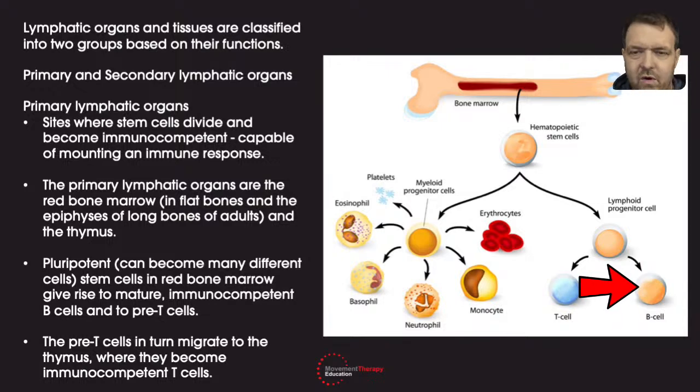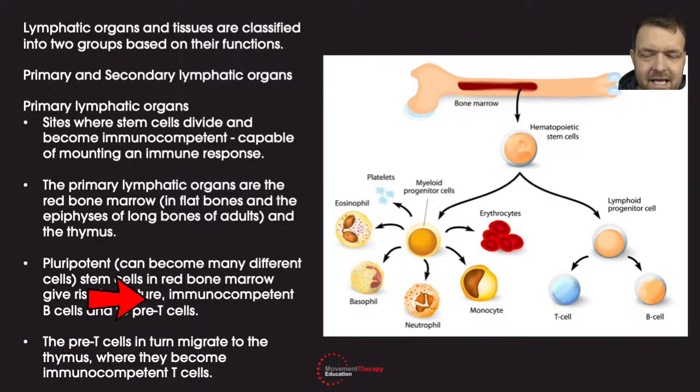And we'll talk about what those are in a bit more detail. So these cells are formed from your bone marrow. That's where they originate. We've got pluripotent stem cells, which can become many different cells. That's what the stem cells in the red bone marrow are, they give rise to mature immunocompetent B cells and to pre-T cells. The pre-T cells will migrate to the thymus, and that's where they become immunocompetent T cells.